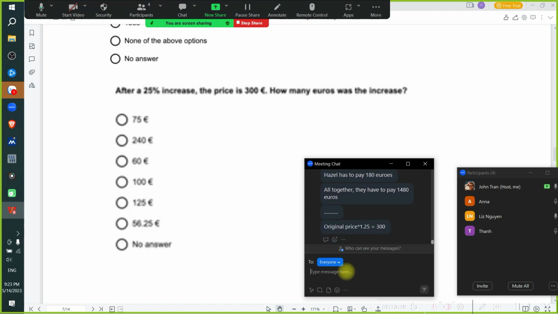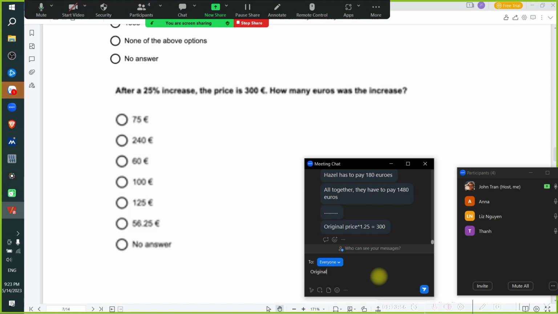So after a 25% increase, so original price times 1.25 equal to 300, right? Tức là giá gốc nhân cho 1.25 nó mới ra được 300 đúng không mọi người?